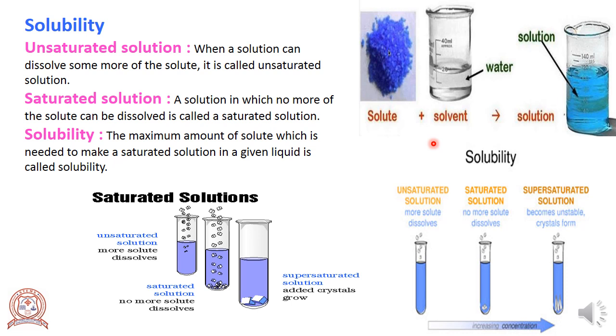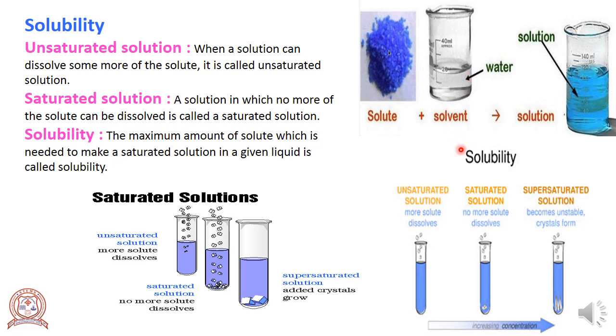The substance that gets dissolved is called the solute. Suppose this is the sugar, and it is called solute. The substance in which something gets dissolved is called the solvent. This is the solvent, for example, water.